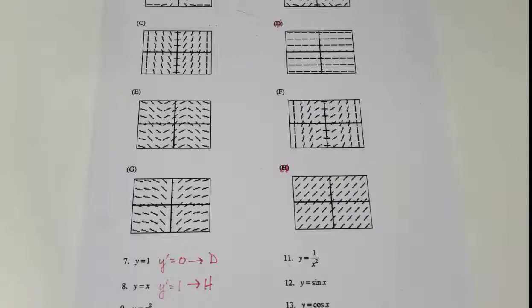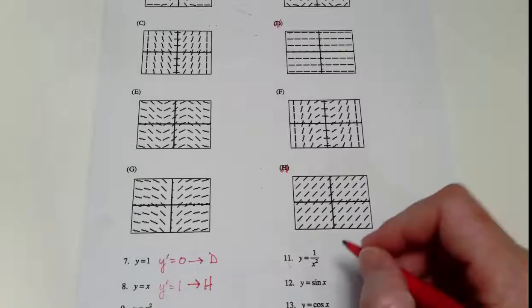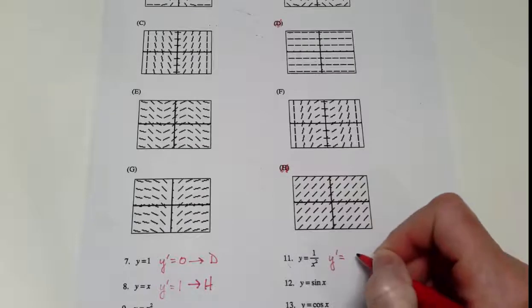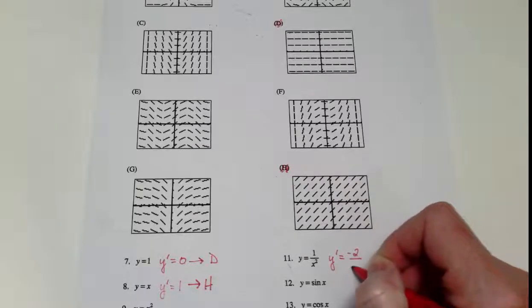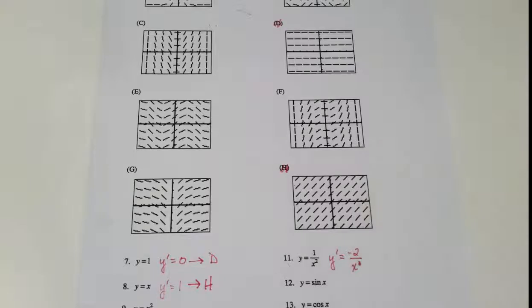Let's try number 11. We could do the derivative of this. If we do that, we get negative 2 over x cubed. So this one's a little bit trickier. One thing you could think of is, in terms of the slope field, it's not going to be defined for an x value of 0, and depending upon whether the given x that you would be substituting into this differential equation is either positive or negative, that could cause you to obtain either a positive or negative slope.